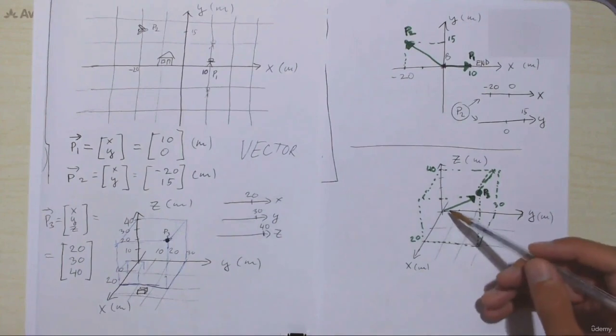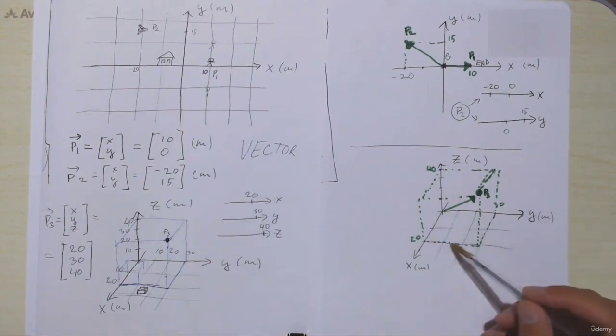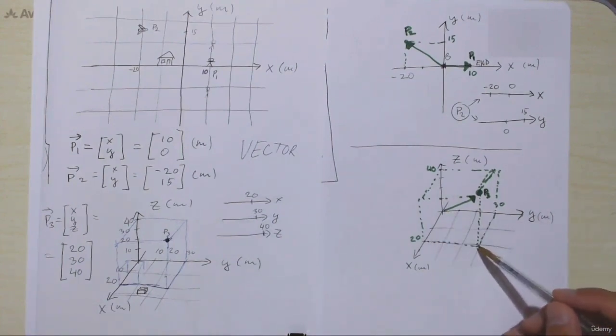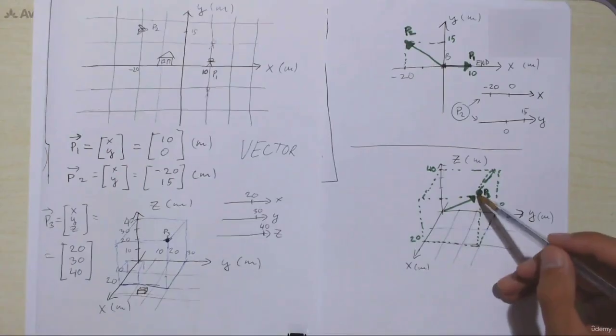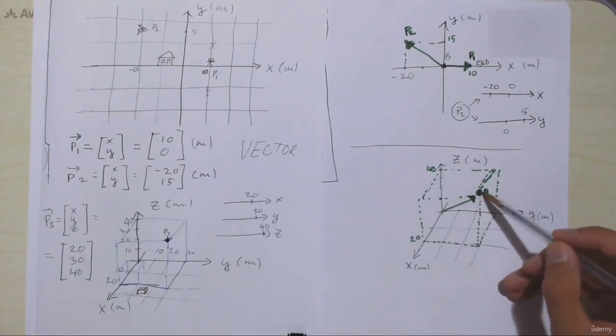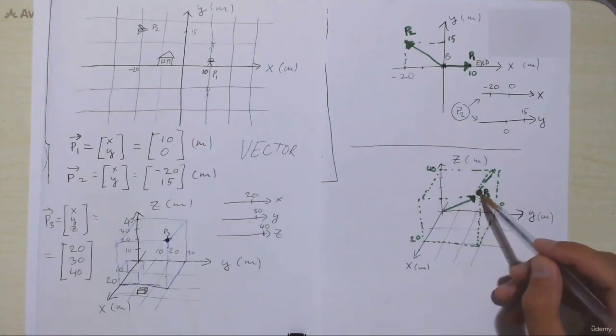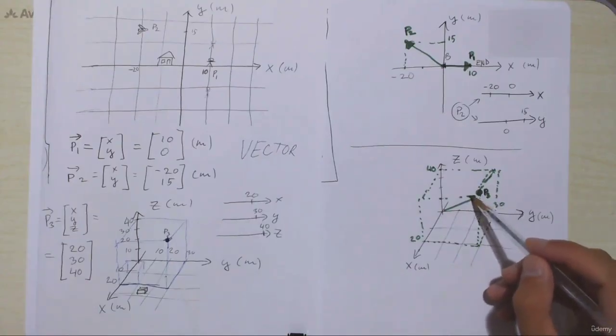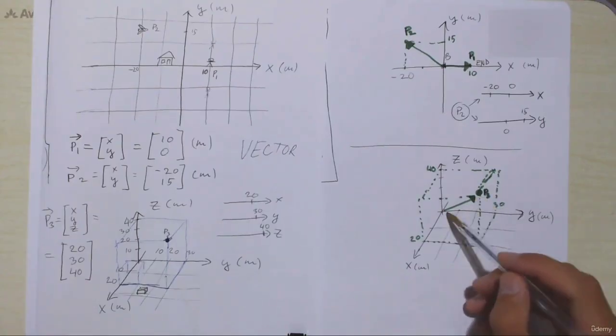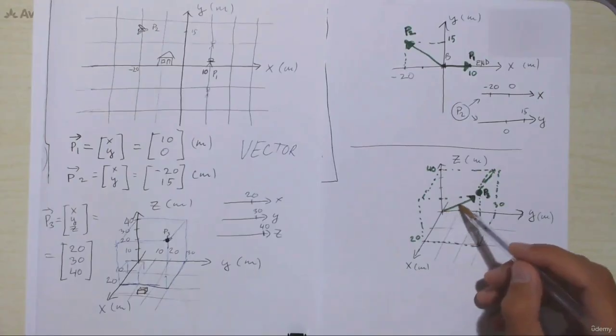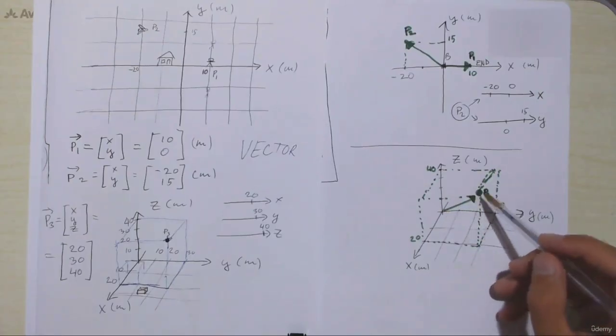So you go x20, y30, and then you go up by 40. So you're here, your position 3 is here, and then you start from 0, 0, and you go to position 3. And in the end you have this arrow.